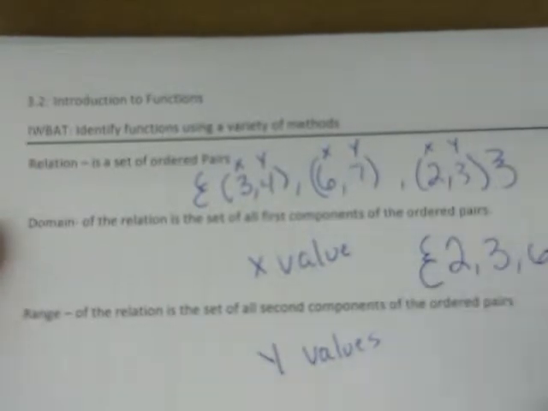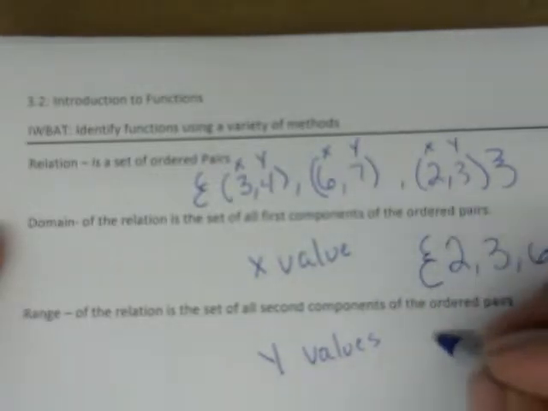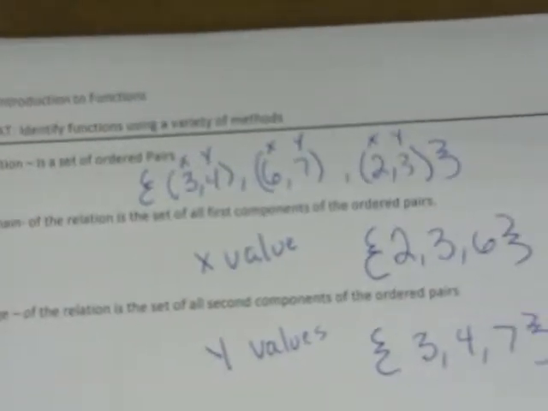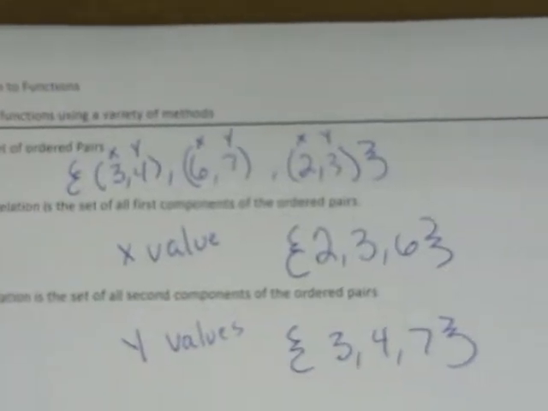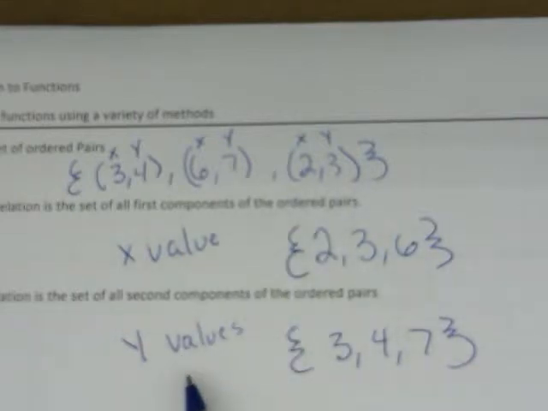My domain is my x values. My range is my y values. I've got a 4, 7, and a 3. From least to greatest, I've got 3, 4, and 7. This is how you get your domain and your range.